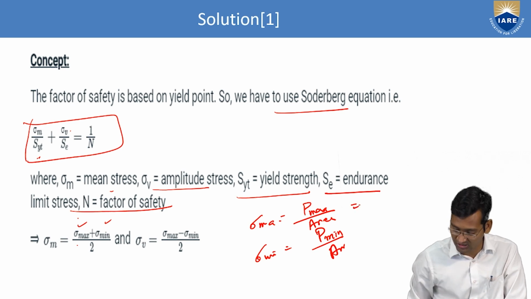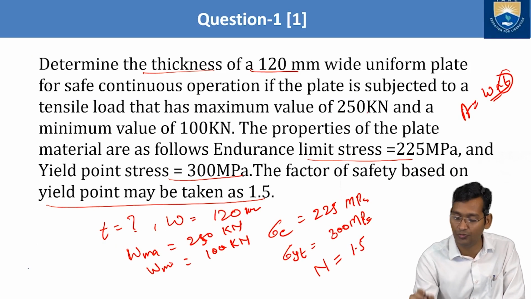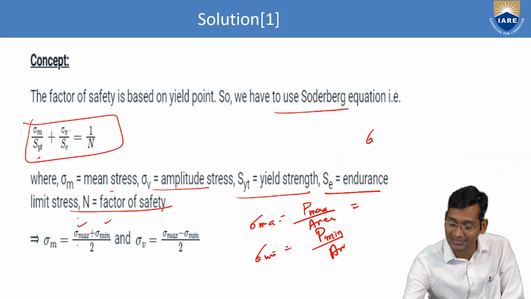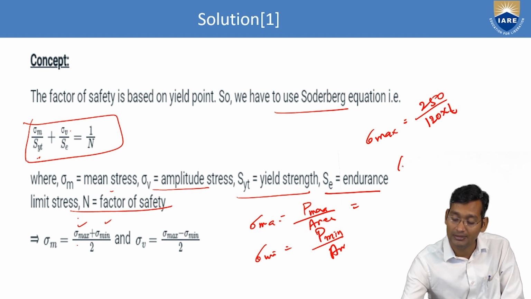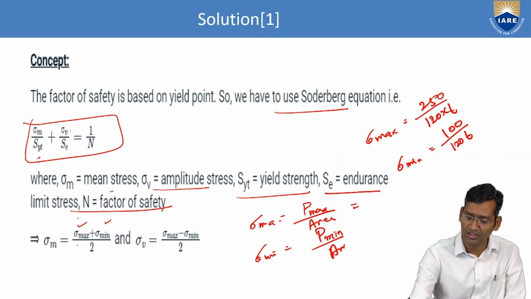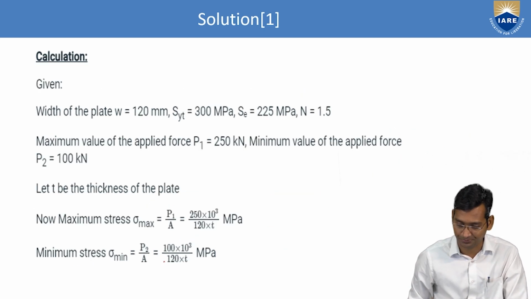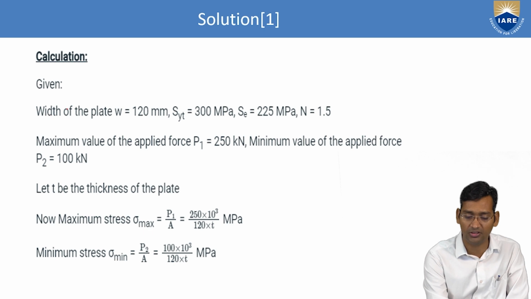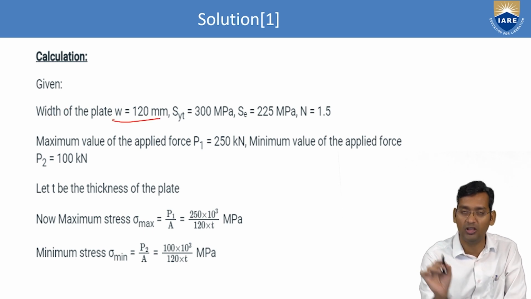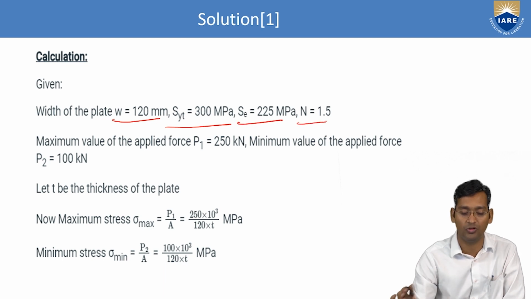P max is given in the question as 250. So sigma max will be equal to 250, and area is 120 into T. Sigma min is P min, that is 100, divided by 120 T. Now just put these two values here to find sigma M and sigma V. See here what is given: width of the plate W as 120 mm, SYT 300 megapascal, SE 225, and N as 1.5.